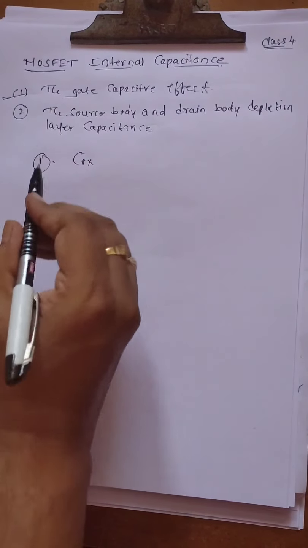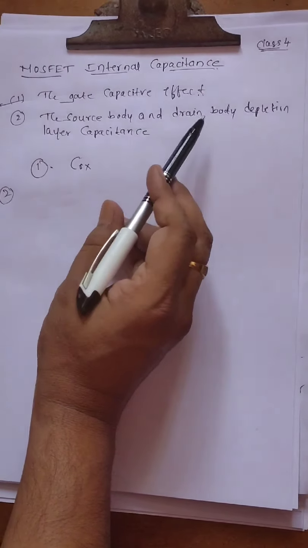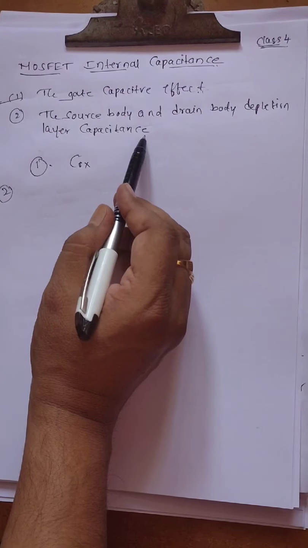Now the second one, the source body and drain body depletion layer capacitance. What do we mean by this?